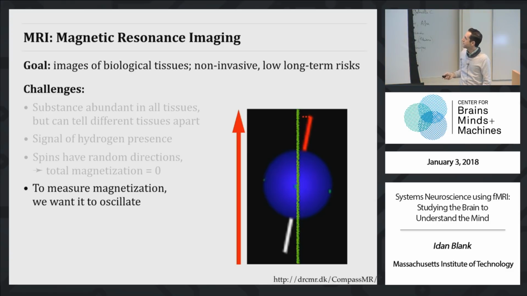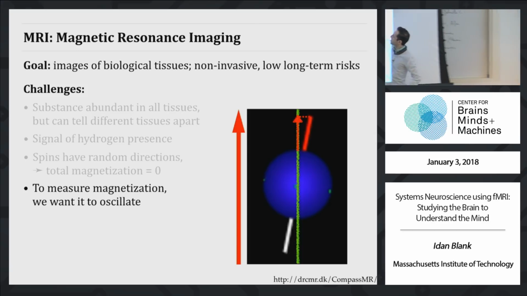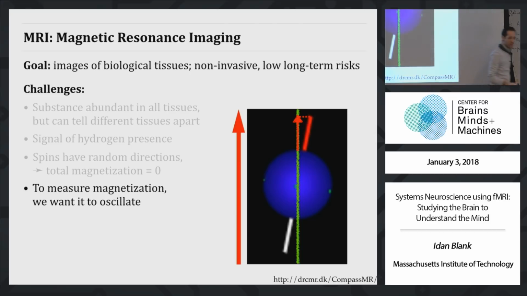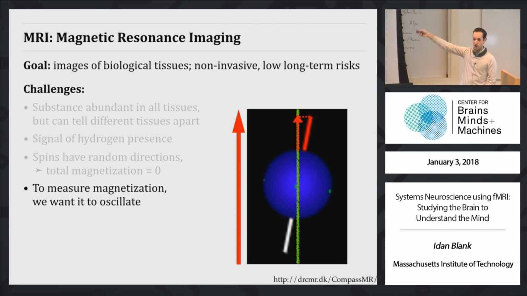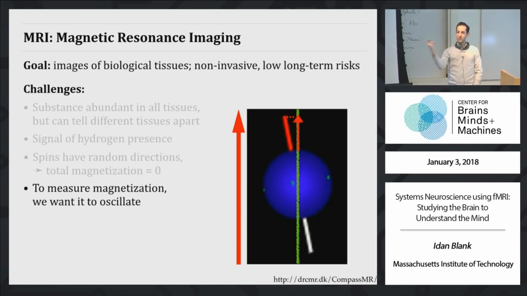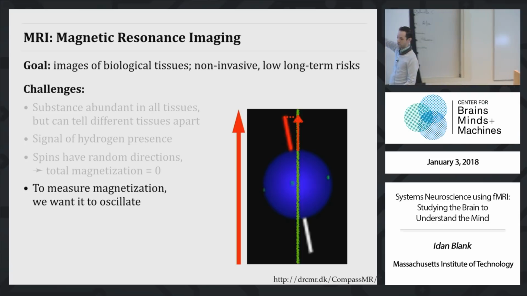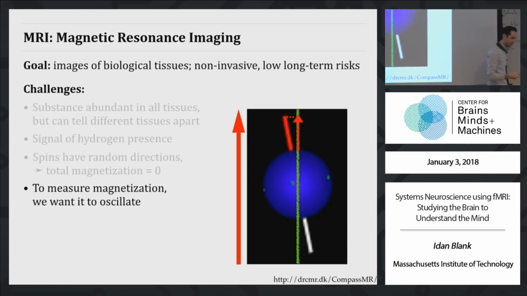The problem here is that if you, for example, look at this spin when it's in this position, this is the amount of magnetization that it induces in the direction we're looking at. Now, as it rotates and gets, let's say, to that position, it sends exactly the same amount of magnetization. So throughout its rotation, it doesn't actually change the magnetization in that direction. It's always the same. So magnetization doesn't oscillate in this direction. And that's not good for us.